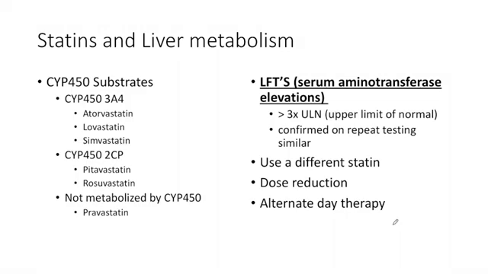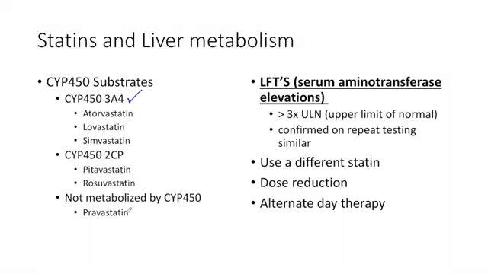Statins and liver metabolism: statins and liver issues are the classic hallmark of what we have to look out for. CYP450 substrates, and I broke it down here. 3A4 is involved in a whole bunch of medications. You can see atorvastatin, lovastatin, and simvastatin are on the 3A4. You're going to have the most interactions with these drugs. 2C9, which is pitavastatin and rosuvastatin, are probably the lower drug-to-drug interactions and side effects.